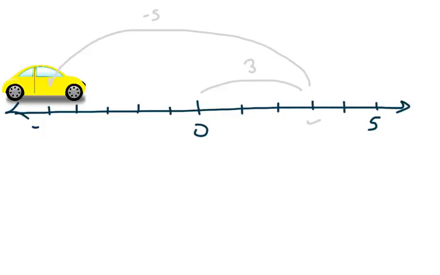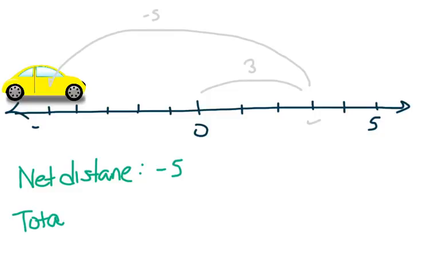If we think about the net distance, where it started and where it ended, it started at 0 and ended at negative 5, so its net distance was negative 5, but its total distance was 3 and 5, which was 8 units.